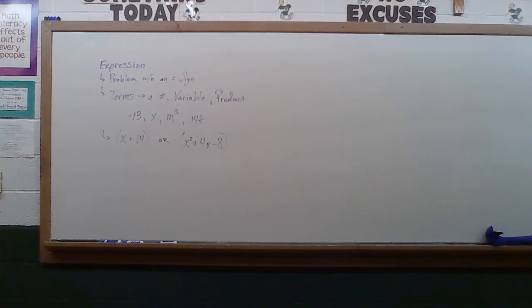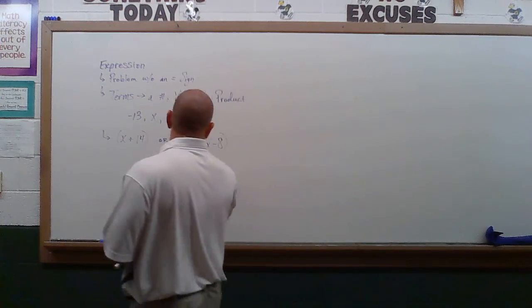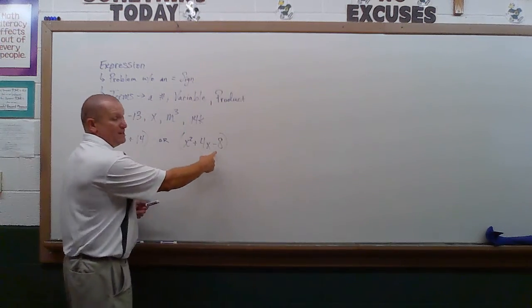Then we start looking at terms in general, right? So x is just one term. x plus 7, how many terms do I have? 2, right? Because remember, a term can be a variable or a number. So if there's a plus or a minus in there, then we start counting it as a second term. Everybody agree? And then up here we had x squared plus 4x minus 8.